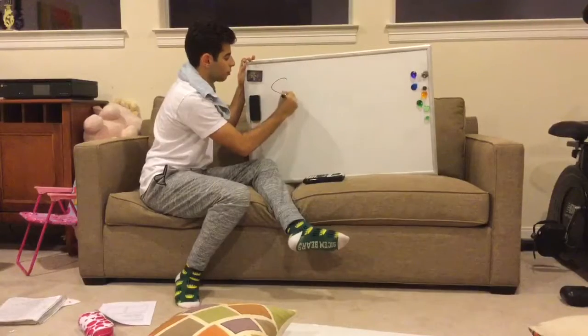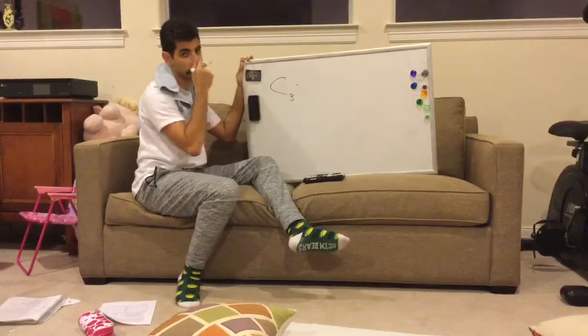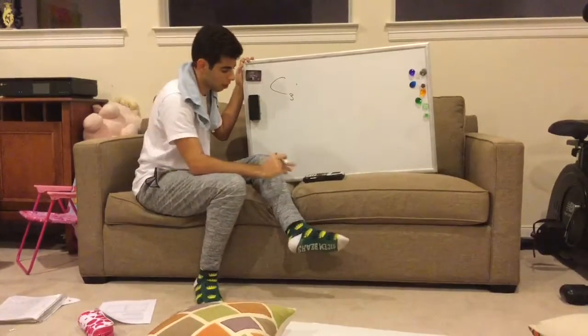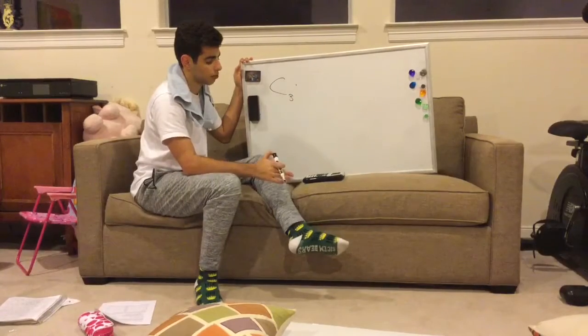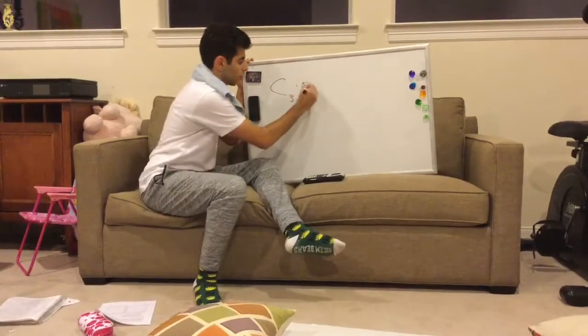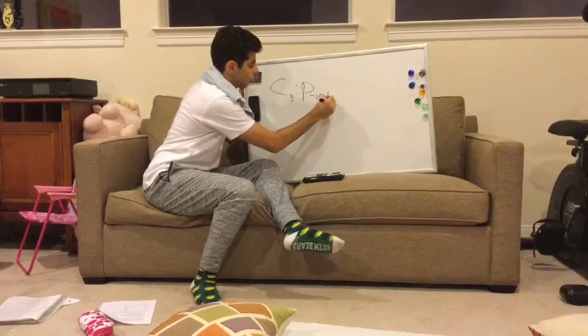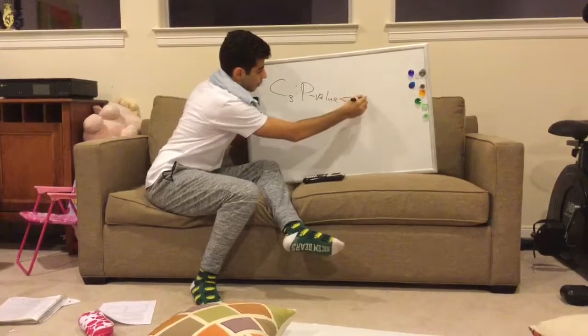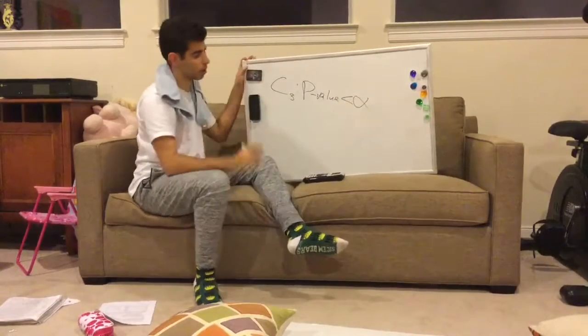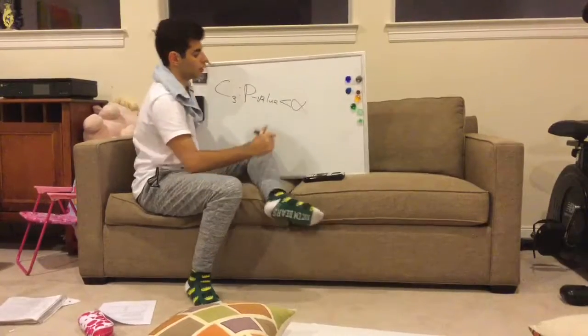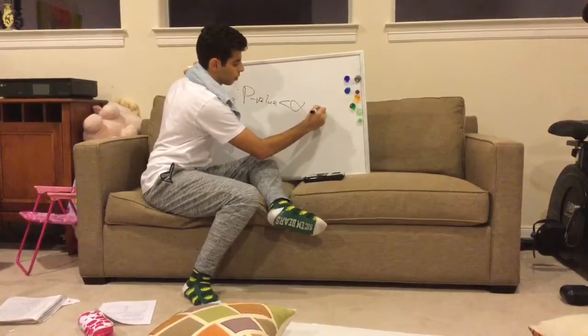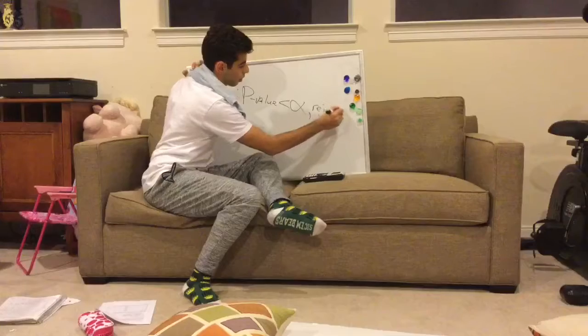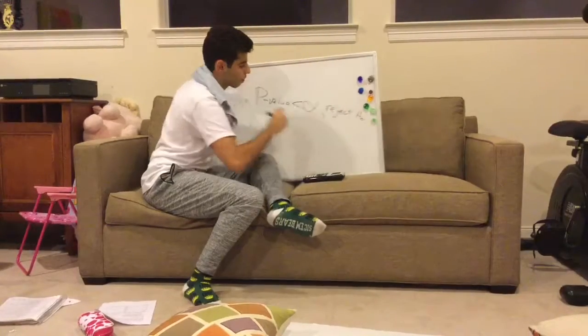Finally, we're going to move on to C3, which is our communication of results. As you can see, that small p-value is less than our significance level. What that means is we are going to reject our null hypothesis.